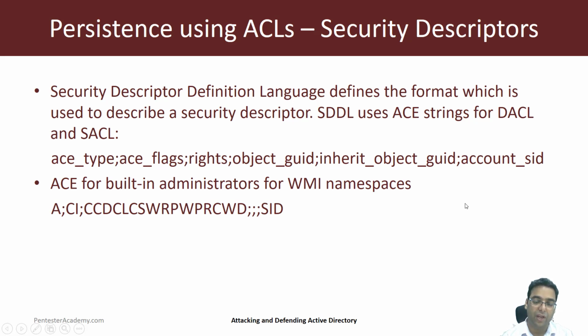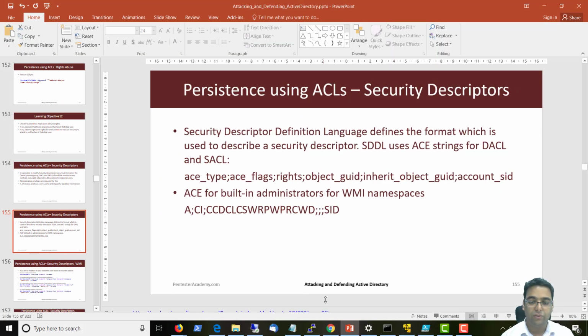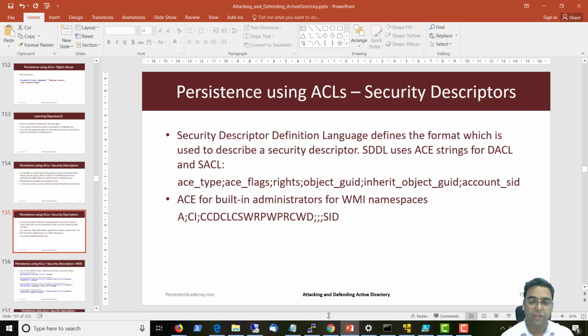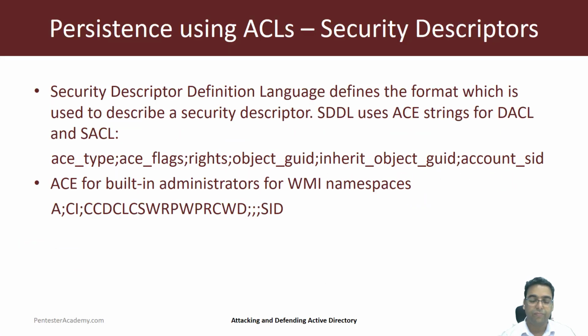Instead of trying to understand all of this, I have a reference link in the slide notes, which you can have a look at later on. This reference points to the SDDL definition on the Microsoft Docs. Now let's understand this ACE string with an example.